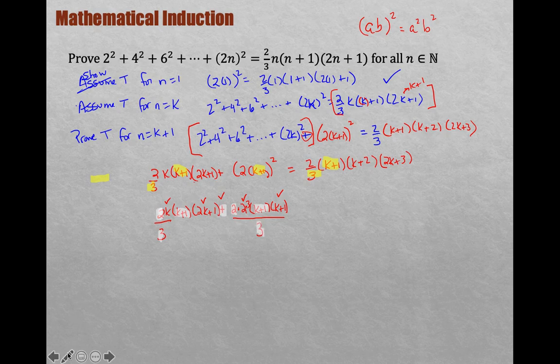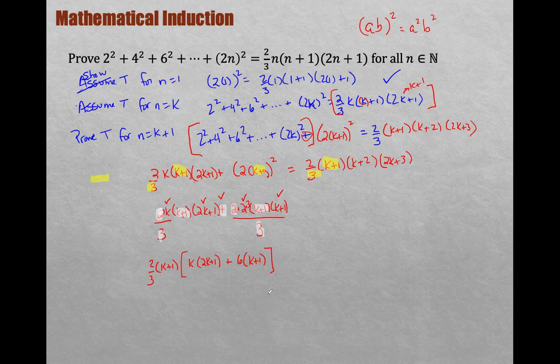So I'm going to take out the 2/3, everything in white. I'm going to take out the k plus 1. 2/3 is common to both. K plus 1 is common to both. And then what's left is that k, that 2k plus 1, the plus, and the 6 times k plus 1.